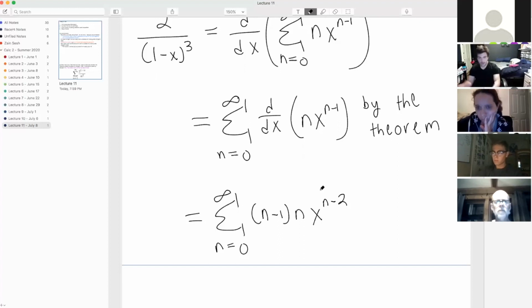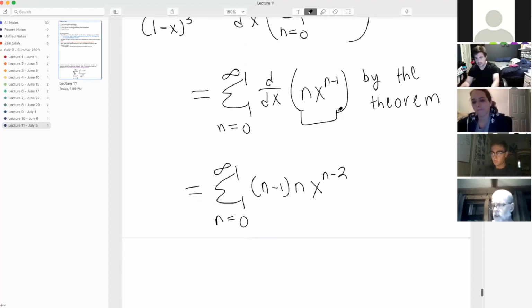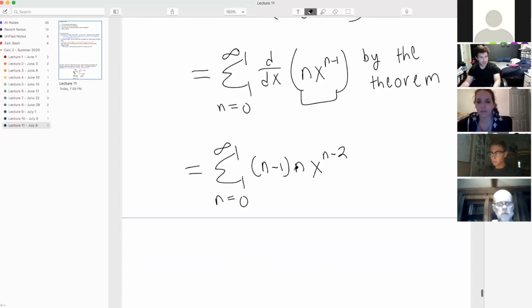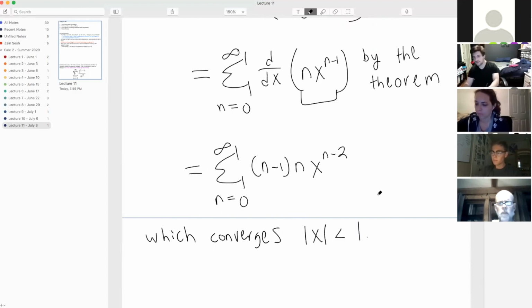I just used the power rule of differentiation right here. Good. And this again will converge. It's going to have the same radius of convergence as the thing we took the derivative of, which was when absolute value of x is less than 1. And that's also by the theorem.